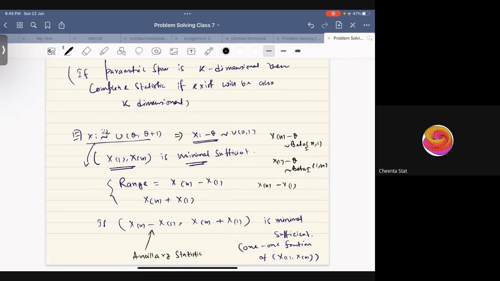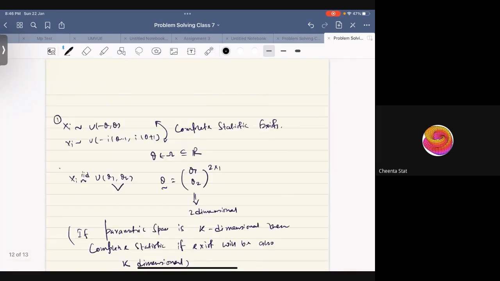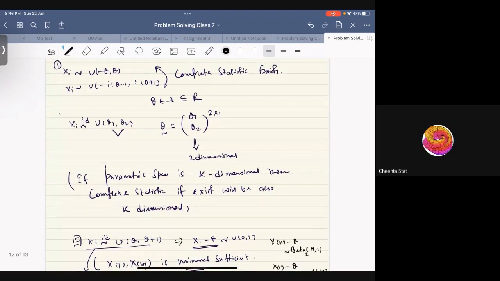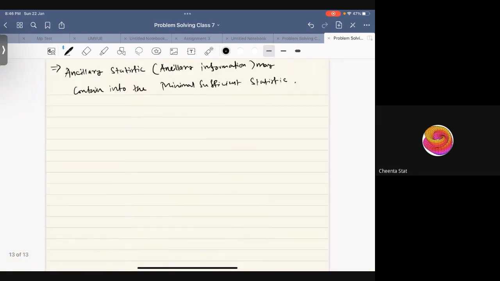Sir, if Xi follows uniform minus theta to theta, it will not have the complete statistic as X1 and Xn. How is it complete? It is complete, I am showing you.